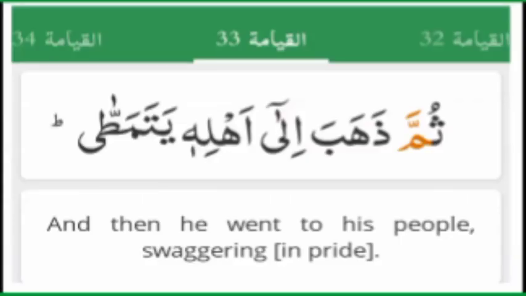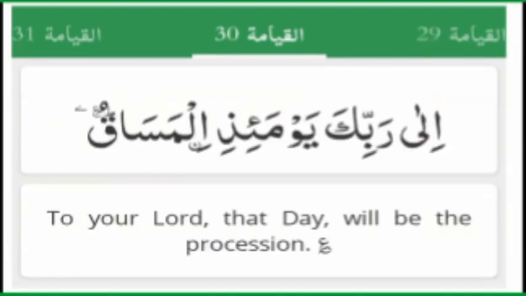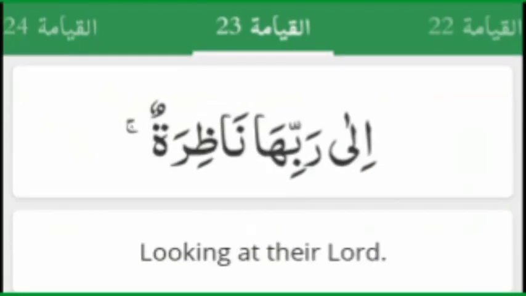ثم ذهب إلى أهله يتمطى. إلى ربك يومئذ المساق. إلى ربها ناظرة.